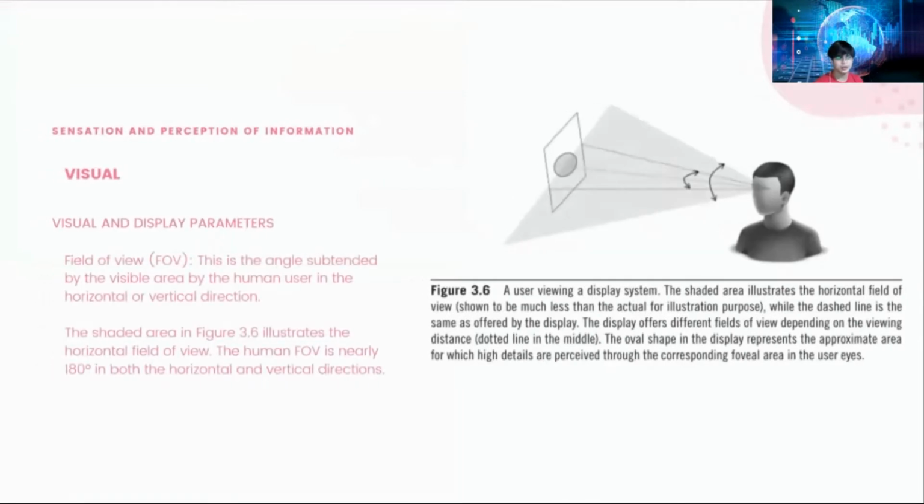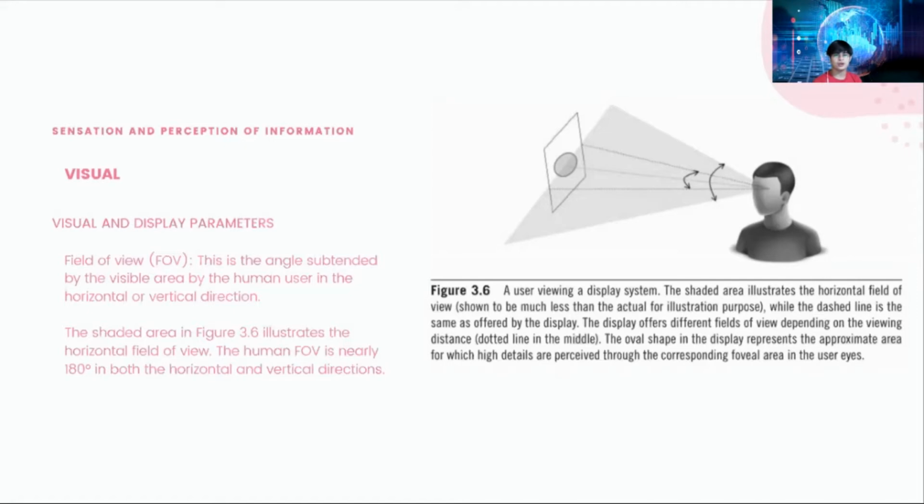In visual, we have these visual and display parameters. First is the field of view. The field of view, or FOV, is the angle subtended by the visible area by the human user in the horizontal and vertical direction. As you can see in the image, the shaded area illustrates the horizontal view.